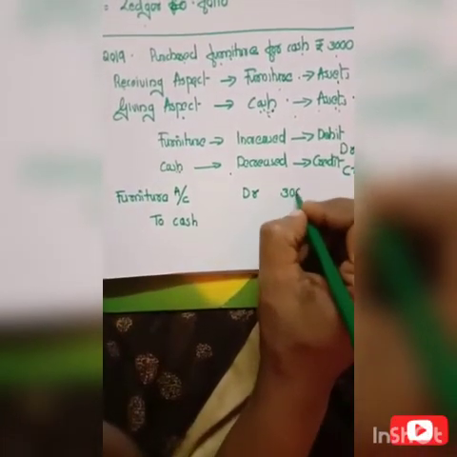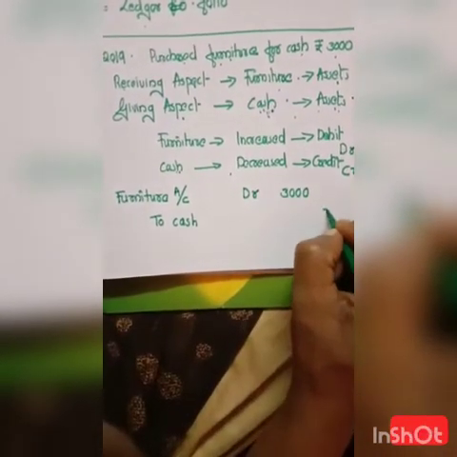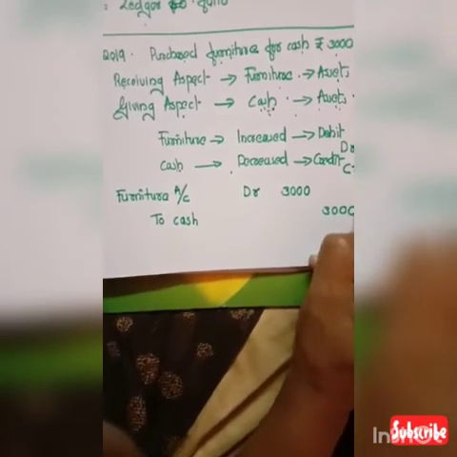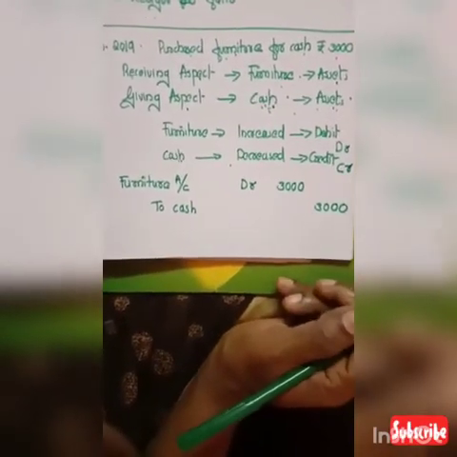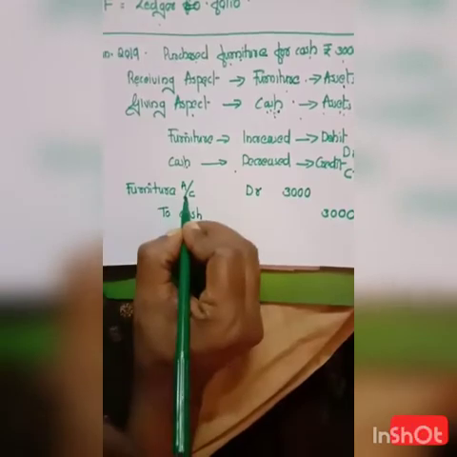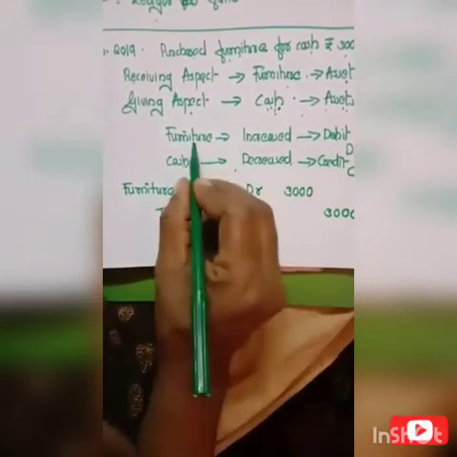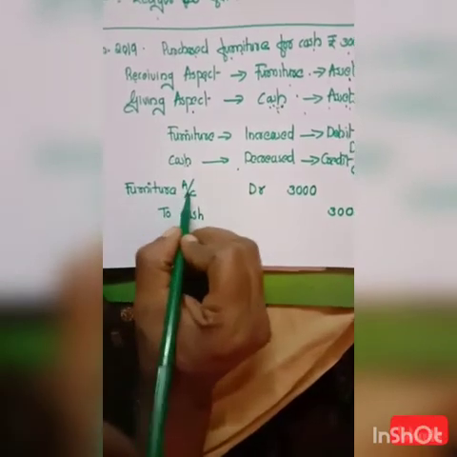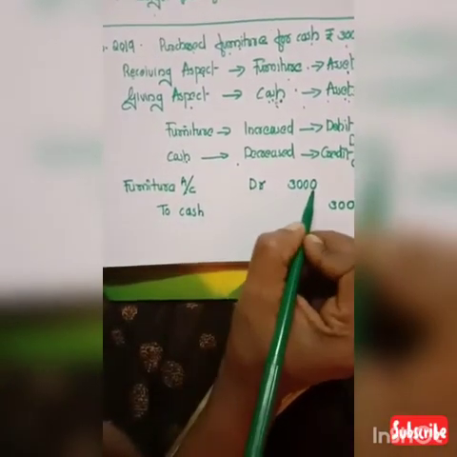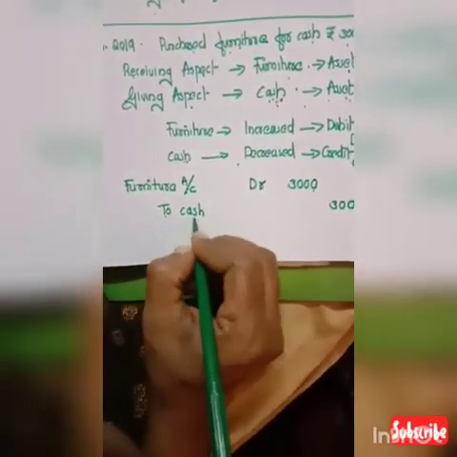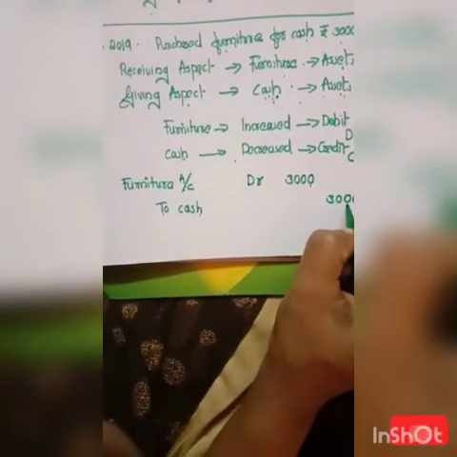What is the amount? 3,000 here. Here we are crediting the amount 3,000. Furniture account debtor, because we are representing debit for furniture. That's why we are writing furniture account debtor 3,000 to cash 3,000.